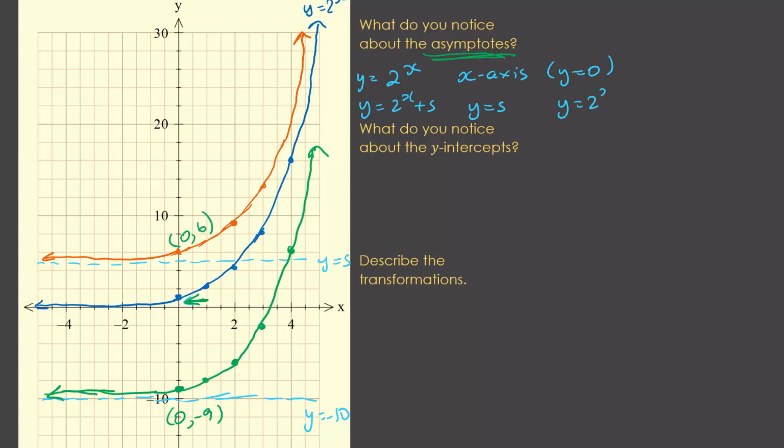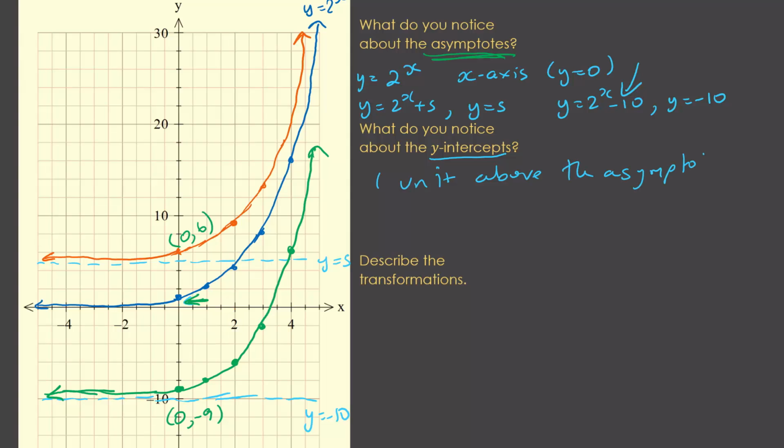For y equals 2 to the x take away 10, it was y equals negative 10. So it's just a vertical translation. The graph just moves up and down by this number just here. The y-intercept is always 1 unit above the asymptote.